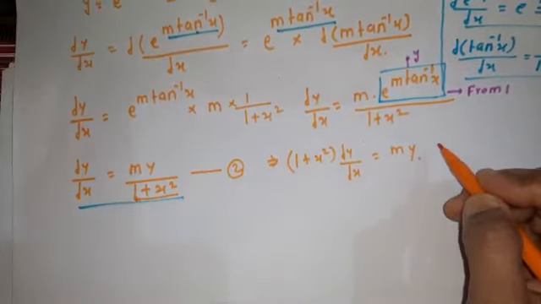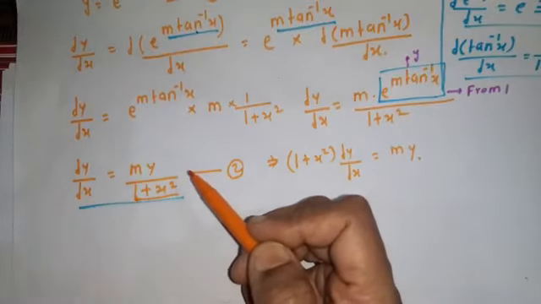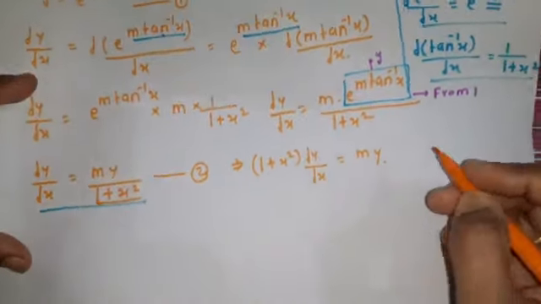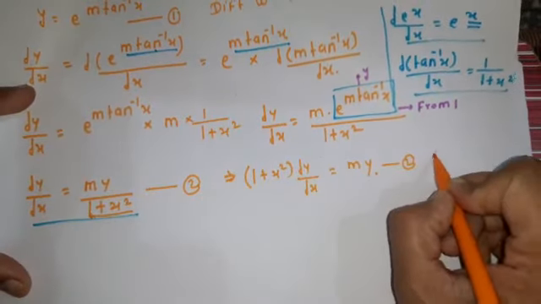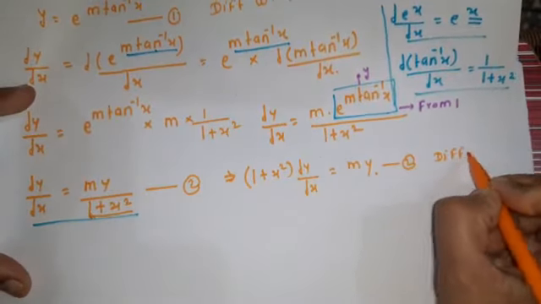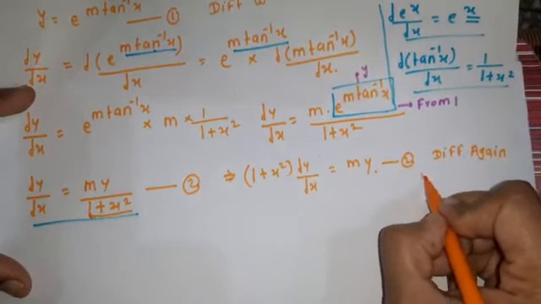Some students will use the u upon v rule and differentiate. Anyway, you can do either. Now suppose this is again our statement, and differentiate again with respect to x.